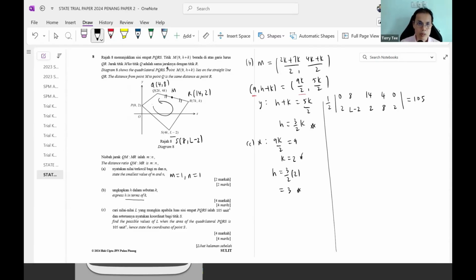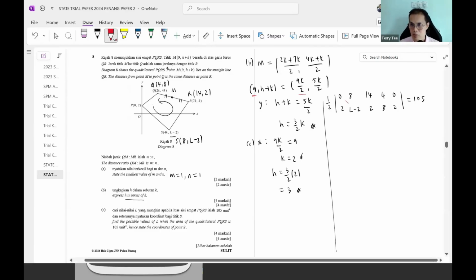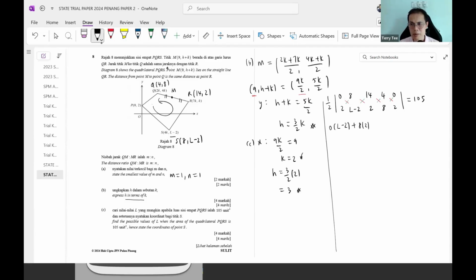So I'm going to multiply downwards first, 1, 2, 3, 4, minus multiply upwards, 1, 2, 3, 4. So this is going to give us 0 times L minus 2 plus 8 times 2. Remember, in the new SPM marking scheme, you need to show all this working. That's the annoying part, you got to show one by one.